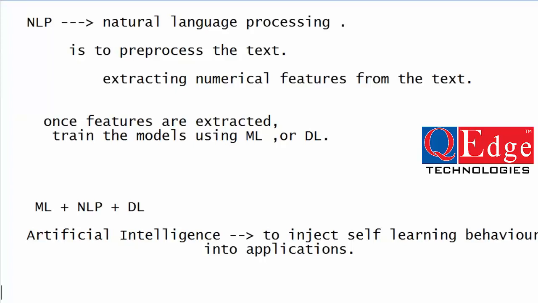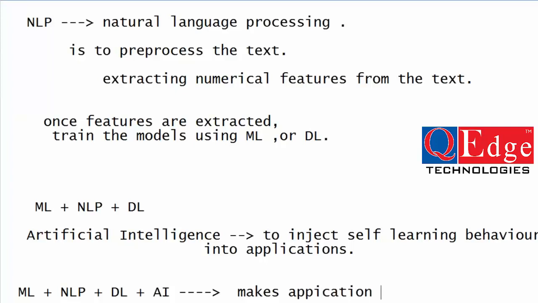So in this way, ML, NLP, deep learning, plus artificial intelligence. The integration of all these things into your application makes your application smart. That means it is a simulator of the brain.